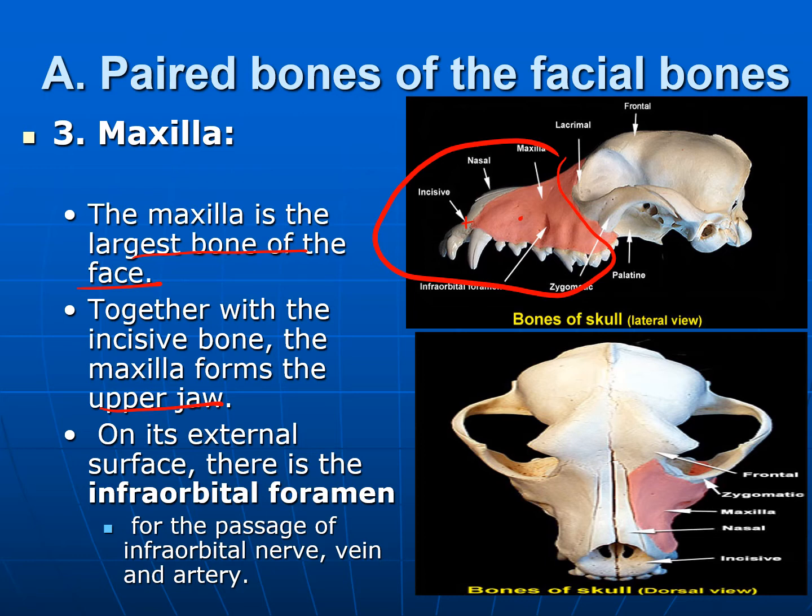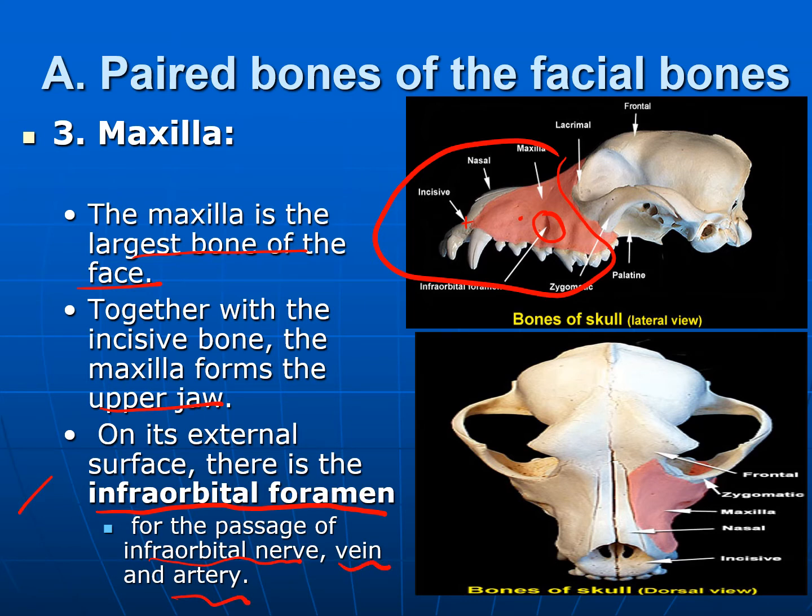A very important structure is found here. There's an opening just below the level of the bony orbit. We call it the infraorbital foramen. This infraorbital foramen is the passageway for the infraorbital nerve, vein, and artery.